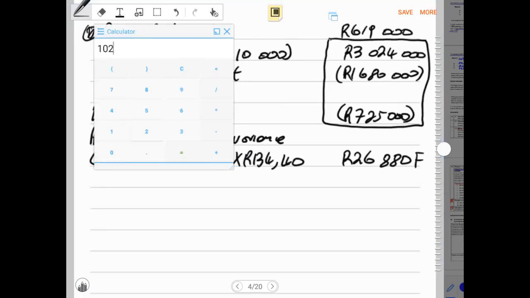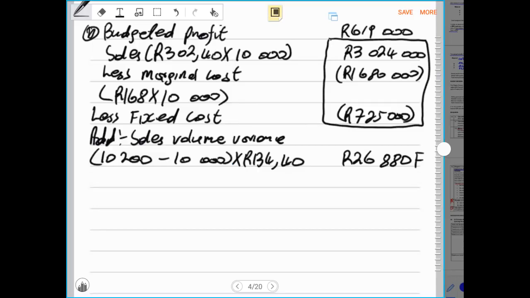Remember, this will be 10,200 minus 10,000, which gives me 200, times 134.40. That's why I just shortcut it, because the difference is 200. Then after we get to what we call standard profit.